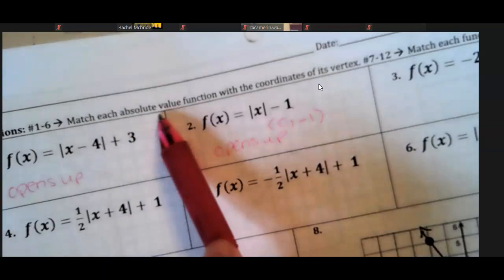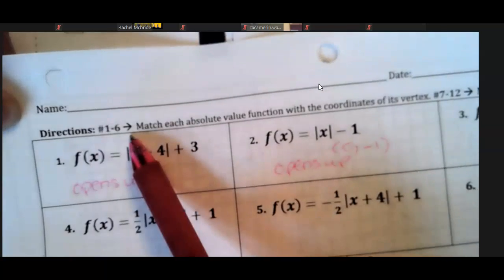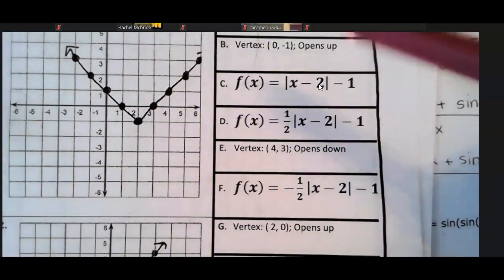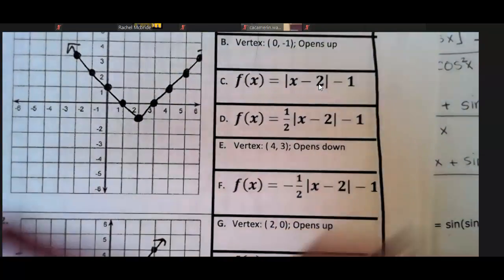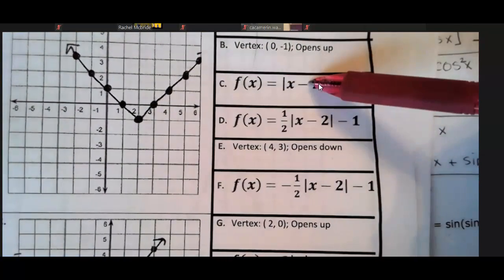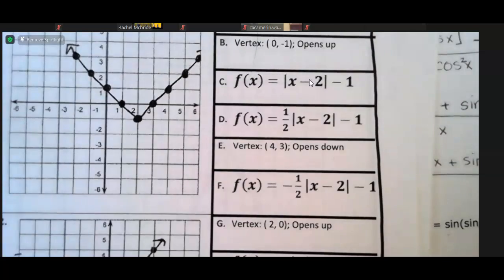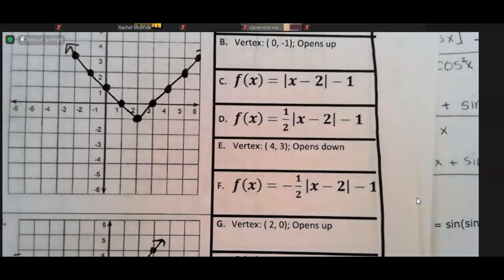So if you read the directions here, it says match each absolute value for 1 through 6 with the coordinate of its vertex. Match the function with its graph. So that's why on the back, I really could have even split this into 2 different groupings of letters. But the functions had to go with the graphs and the vertex and openings had to go with the equations on the front. Yeah, sorry about that. I guess reading the directions closely kind of affected your homework check as well.